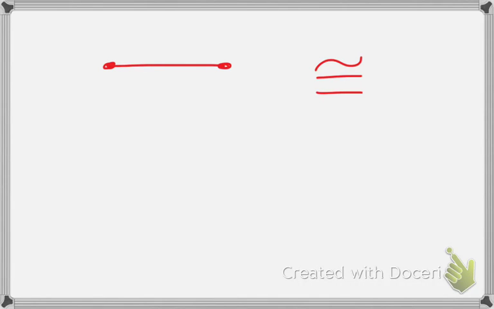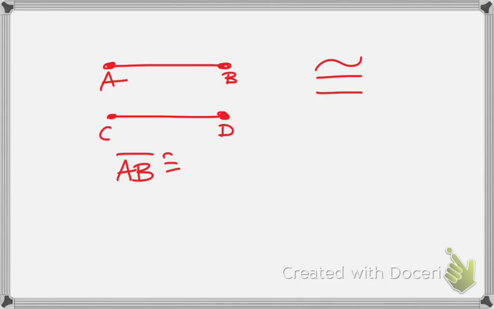So if line segment AB is congruent to line segment CD, and AB we say is 5, that means CD would also have to be 5. Notation-wise, do you guys remember what we put on the lines to show congruency?